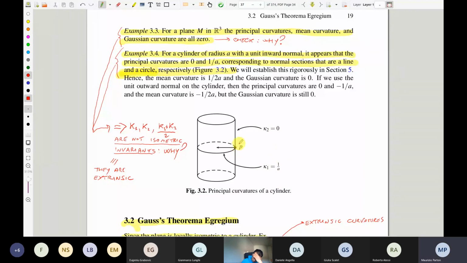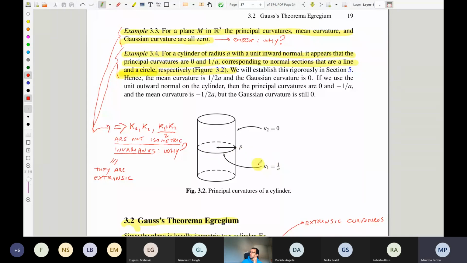Well, you take a section, you just imagine it, and you see that the section is always a circle also in this direction, but it's a circle with a radius which is bigger and bigger and bigger, right? And so this means that the curvature is smaller, smaller, smaller. The biggest one is this one.